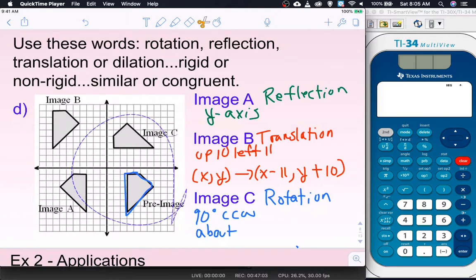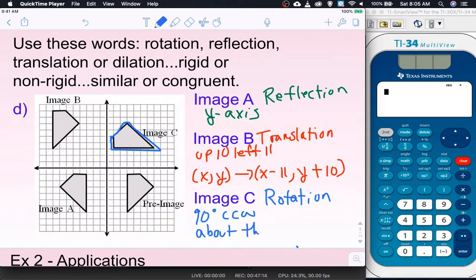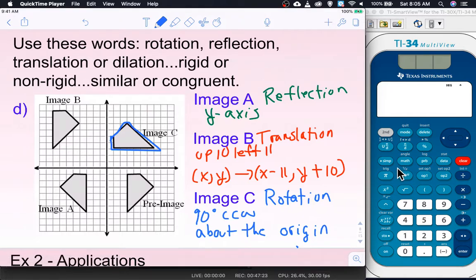So now one finger on the origin, one finger on this corner, and aha, it was the origin. Okay. So those are your best answers for each of these. And hopefully this is getting easier as you go.